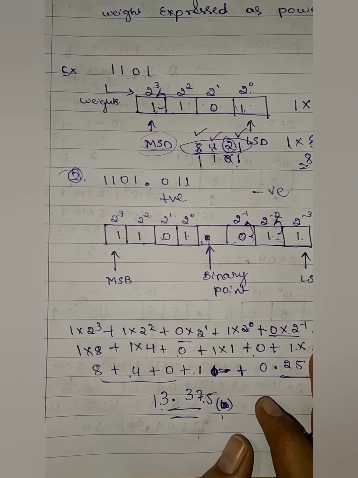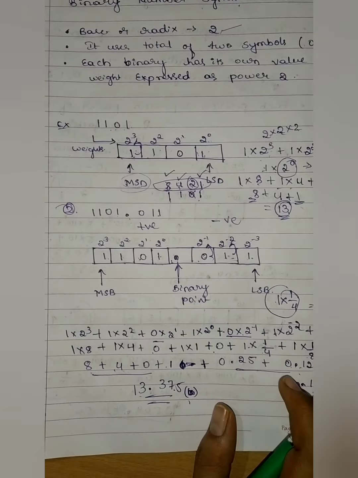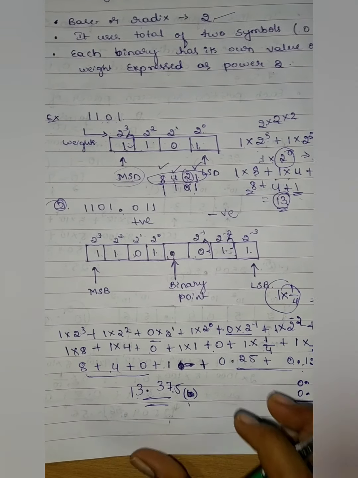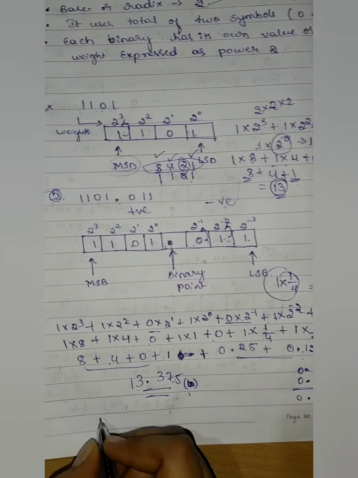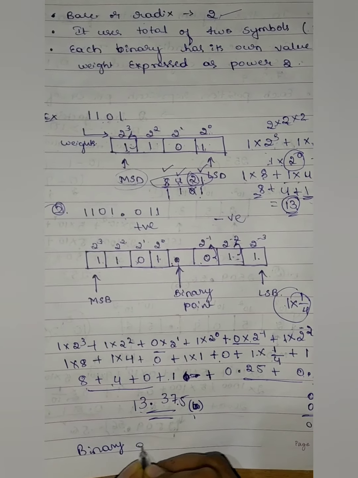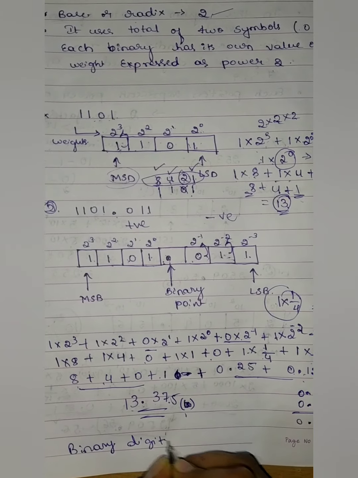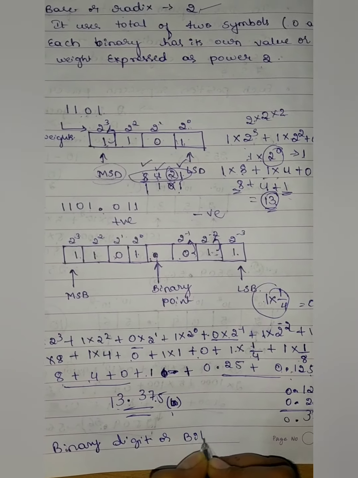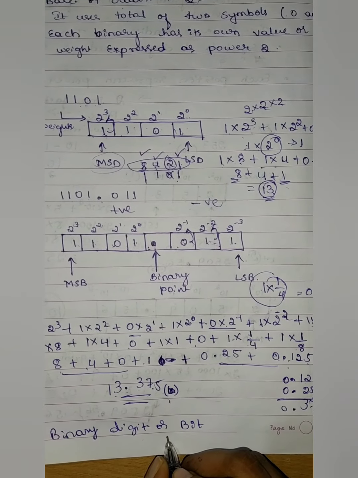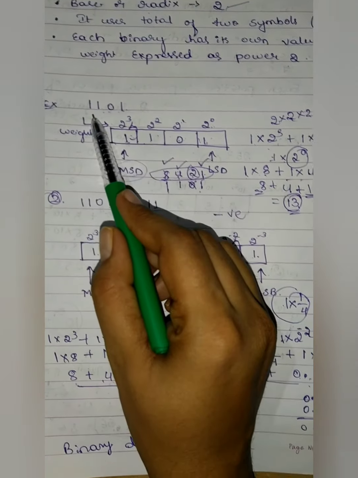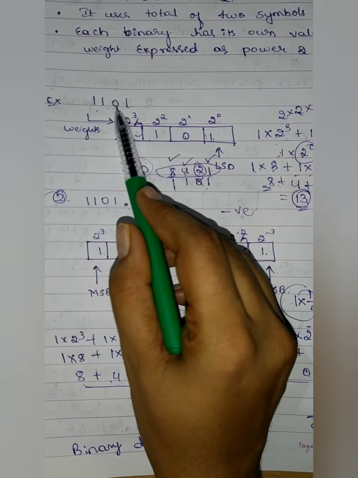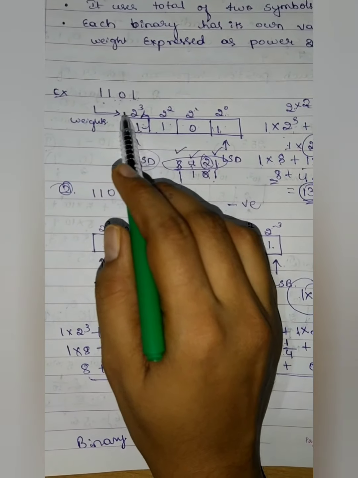Okay, so in the binary digit system, the binary digit is often abbreviated as what? Bit. Binary digit or bit. Bit and binary digit mean the same thing. Like in this example you can say that it has 4 bits. Okay, 1 2 3 4, so it consists of 4 bits.